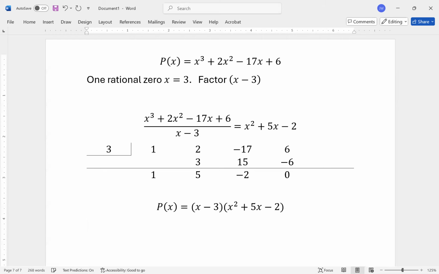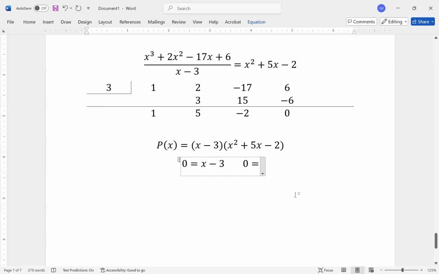We already know the zero when we have x minus 3 set equal to 0. That's the zero of 3. Then we say what would happen if we set the other piece equal to 0.